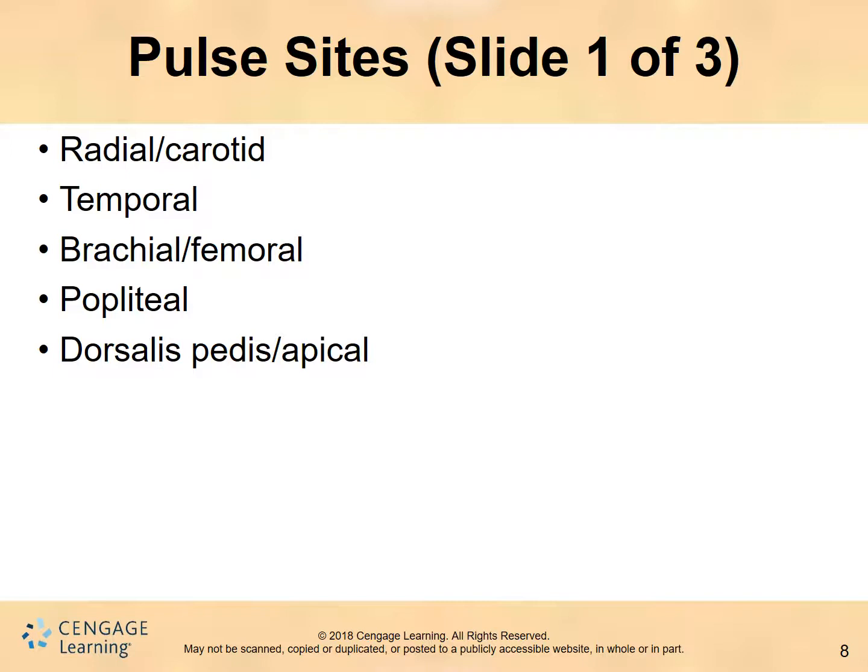Femoral is in the inner thigh. So the upper arm brachial is on the inner upper arm. Popliteal is behind the knee, and dorsalis pedis is at the top of the foot, just above the big toe, in between the big toe and the second toe.